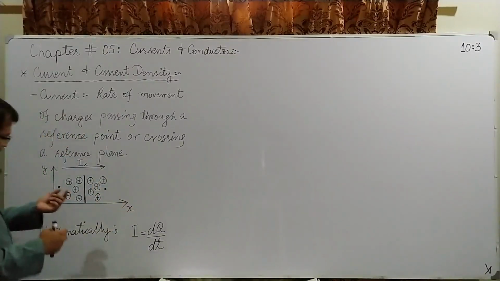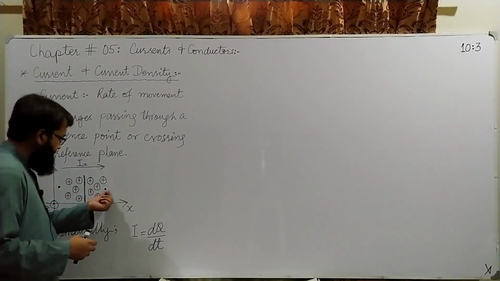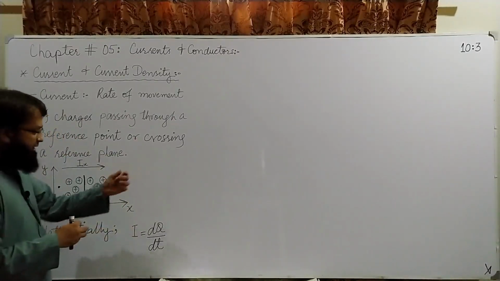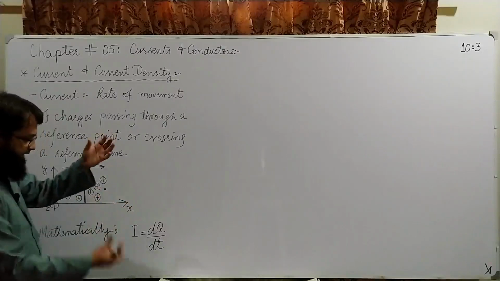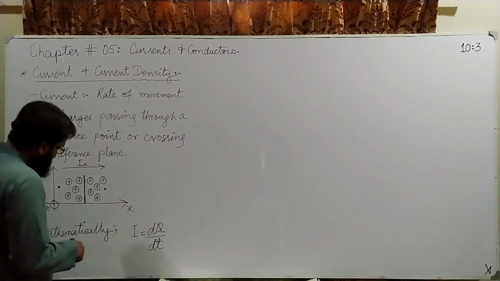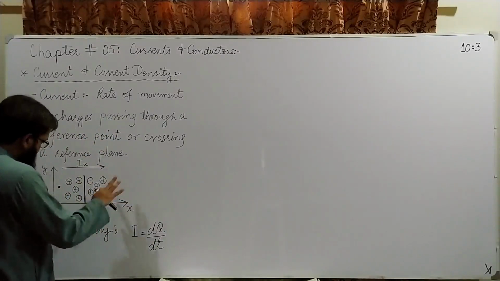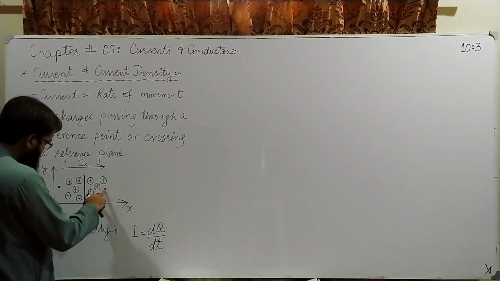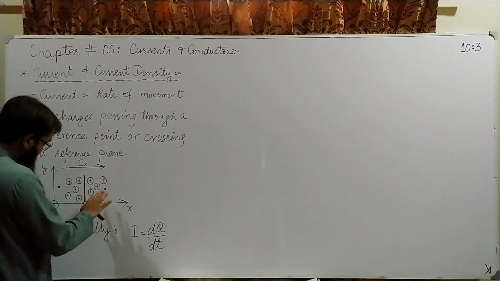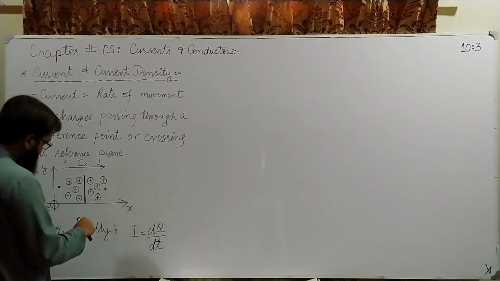Or if I choose to observe this point for a different time, then the amount of charge for that time divided by that time will give me the current. Okay, so one thing should be clear, that it is not really necessary to observe a plane. A point can also do the job.